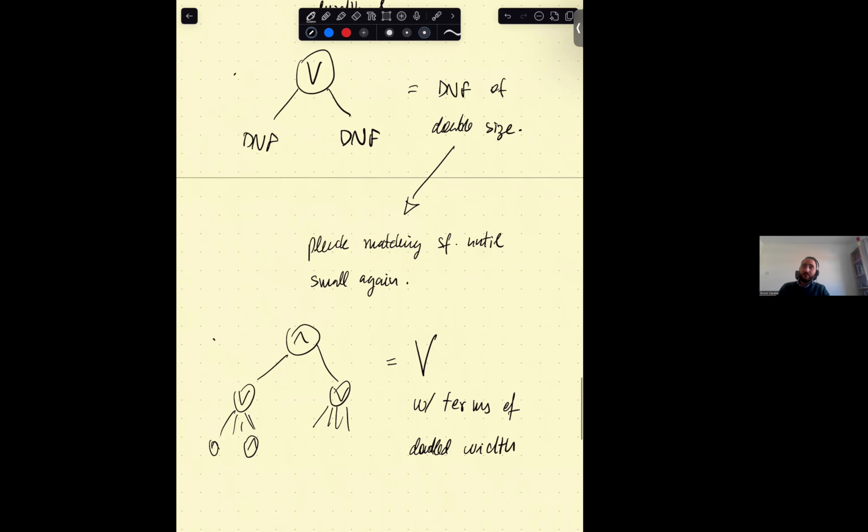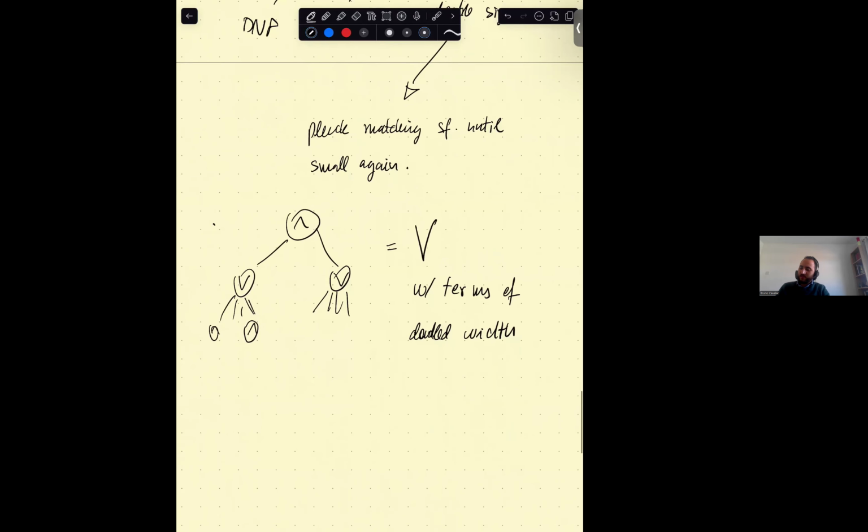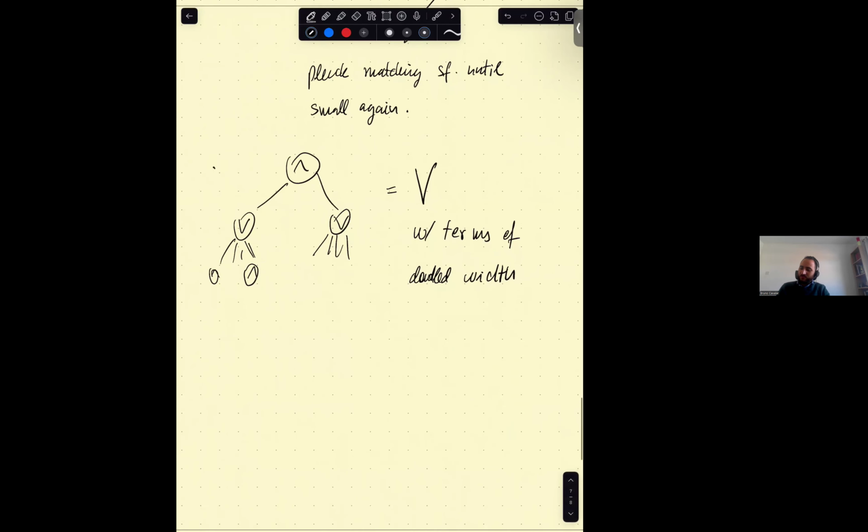So the width increases as well. So what do you do? You just remove.